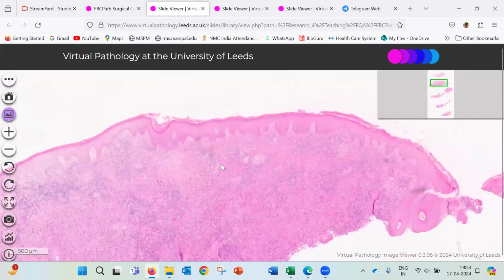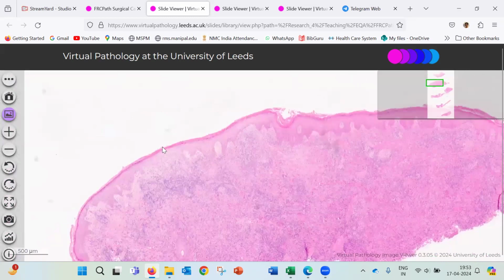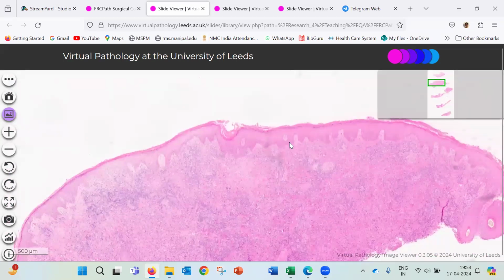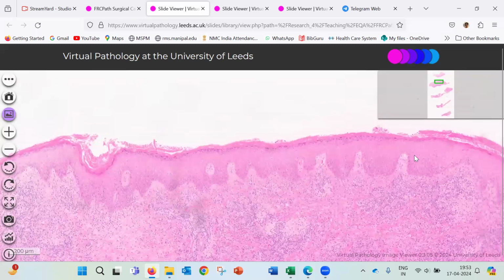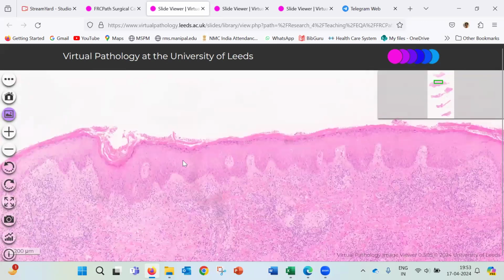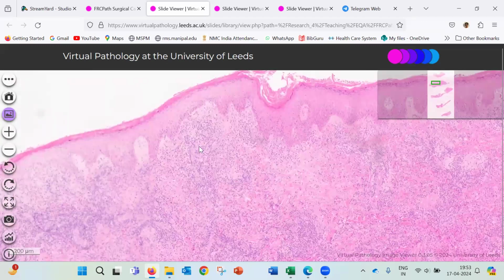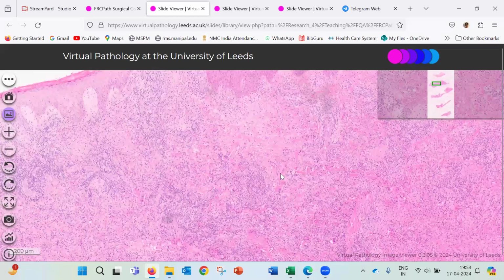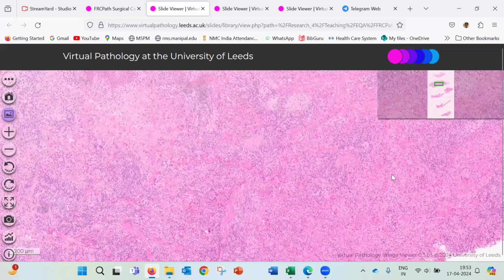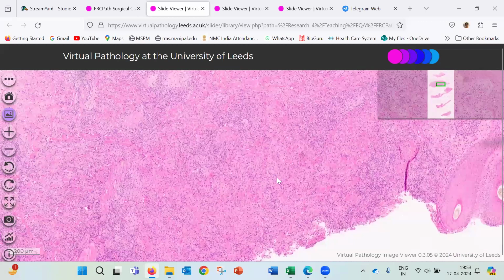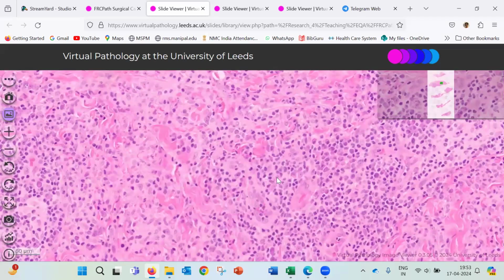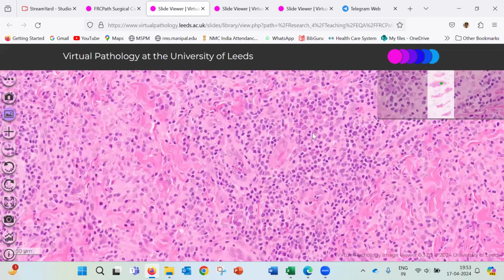There is no such epithelial abnormality. We can see the corneum layer, and there is mild spongiosis going on, but there is nothing worrisome about it. The underlying dermis, superficial dermis and the deep dermis, have a dense population of inflammatory cells, mainly chronic in nature.